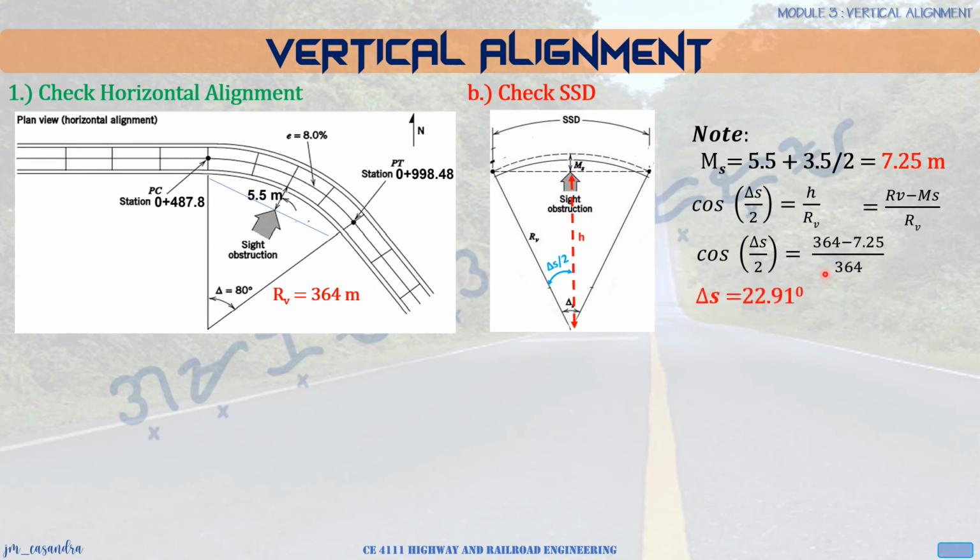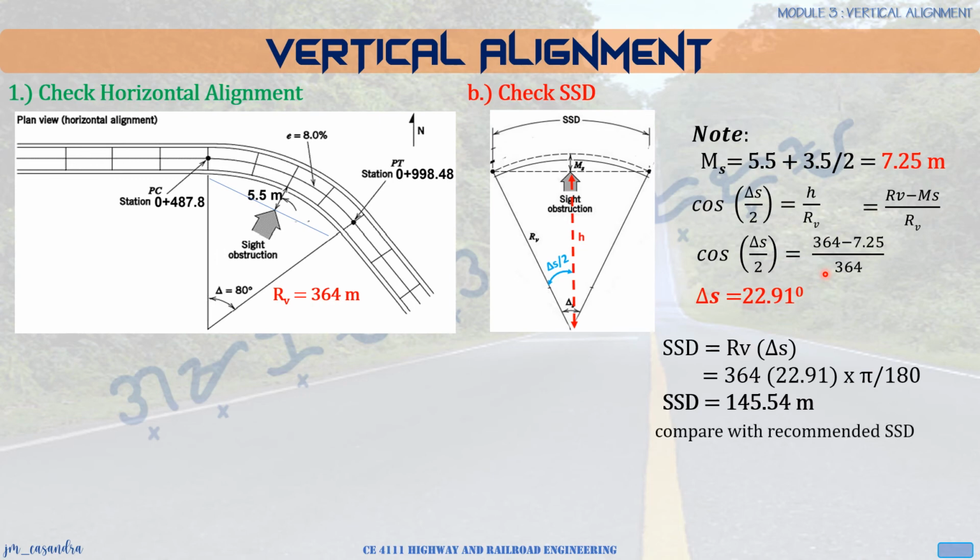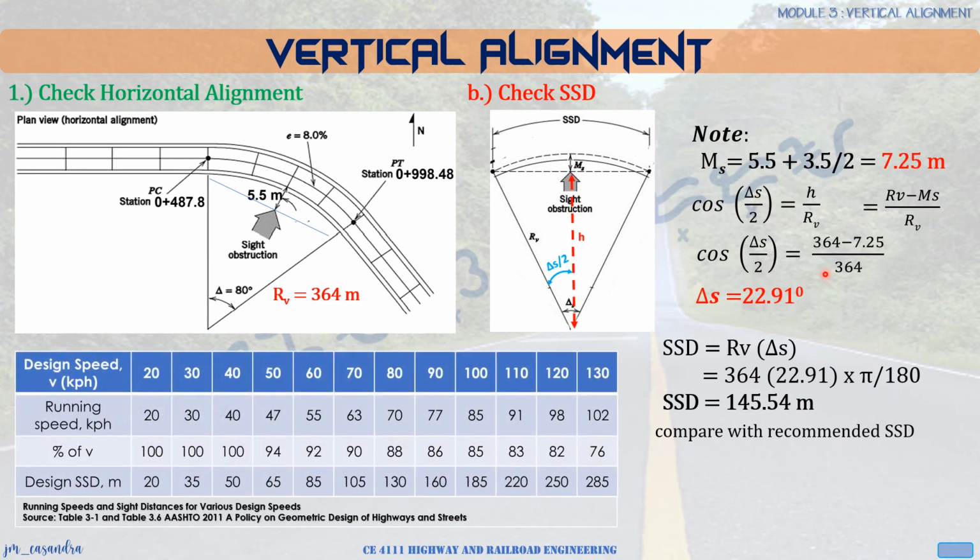So we can now solve for the value of delta, which is 22.91 degrees. So from there, we can now solve for our SSD by multiplying the delta to the radius of curvature. So SSD now is equivalent to 145.54 meters. Okay, so compare this value with the recommended SSD from AASHTO 2011.